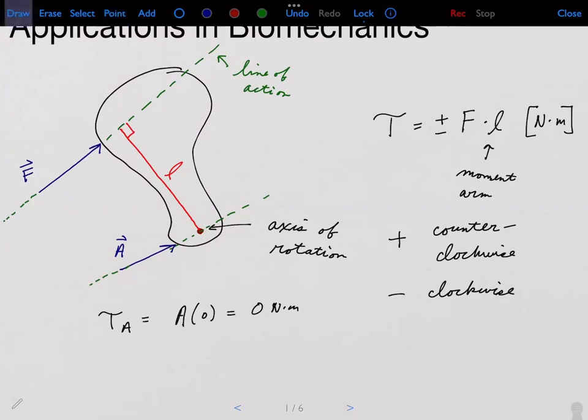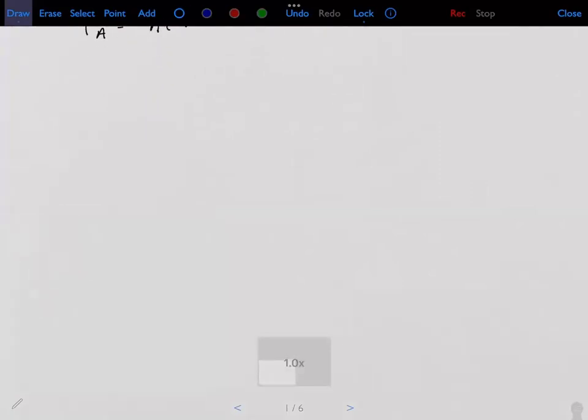Here, I'm going to draw a new picture. Let's say this is my axis of rotation. Here is the radius that goes out to the force.